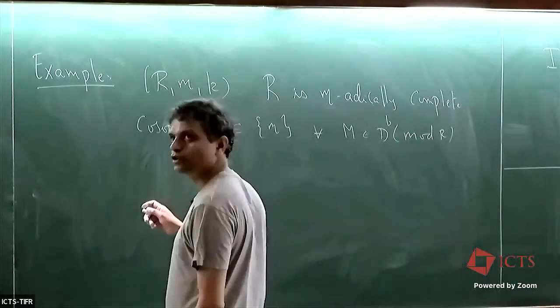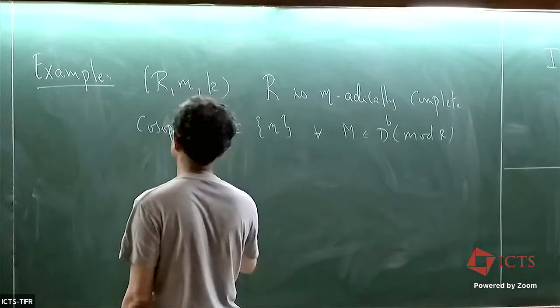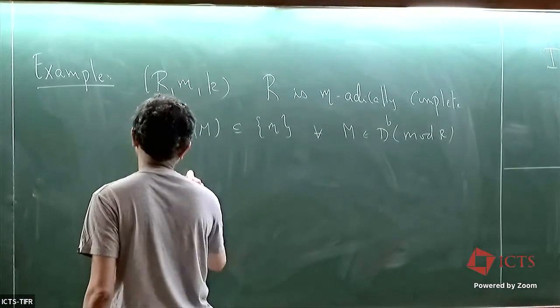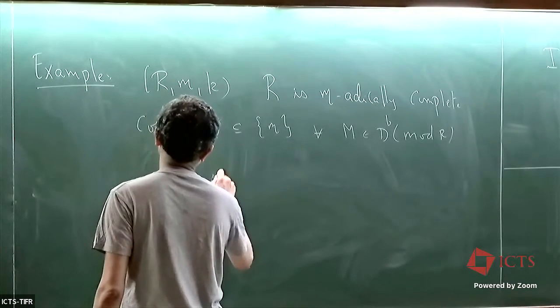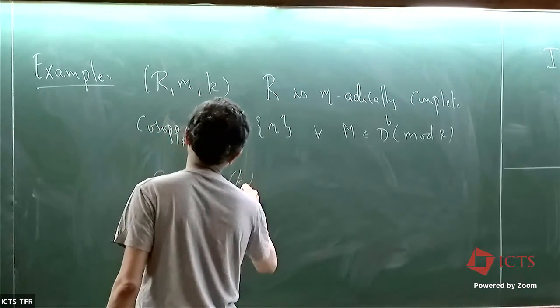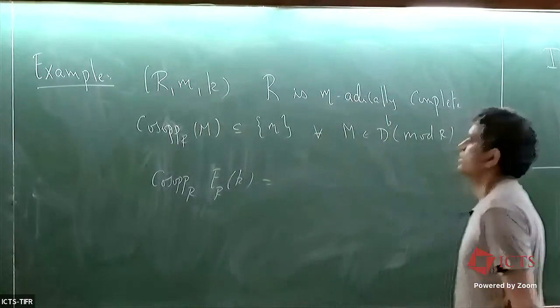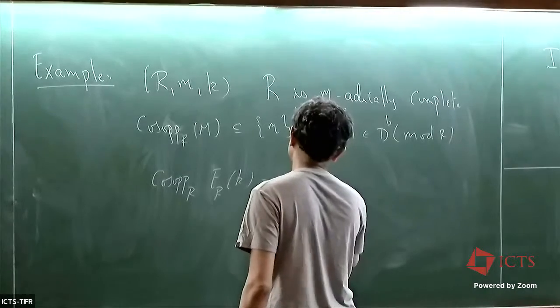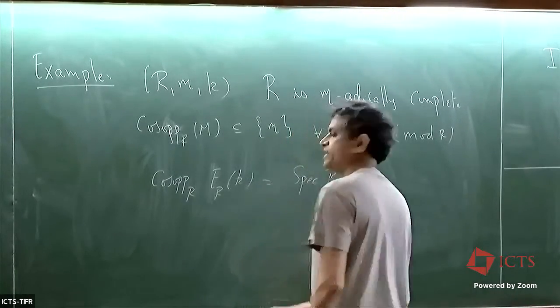Maybe this is connected with what I said earlier. If you look at the co-support of the injective hull of the completion, it's not so hard to see that this is the entire spectrum of the ring.